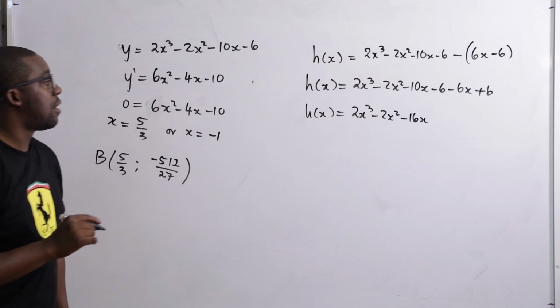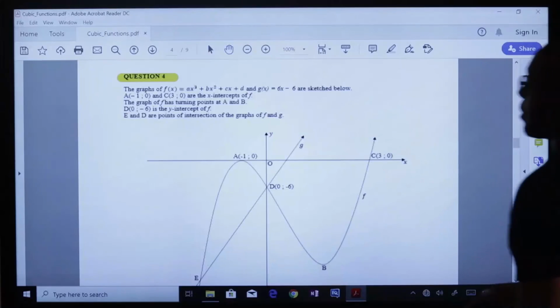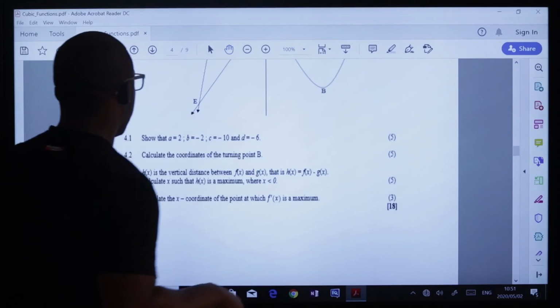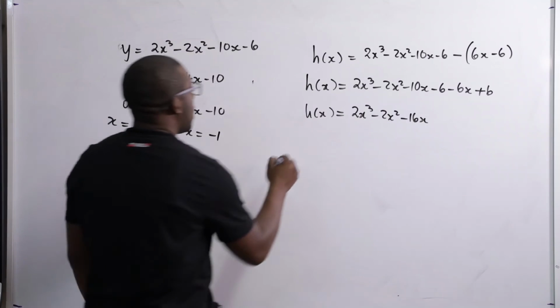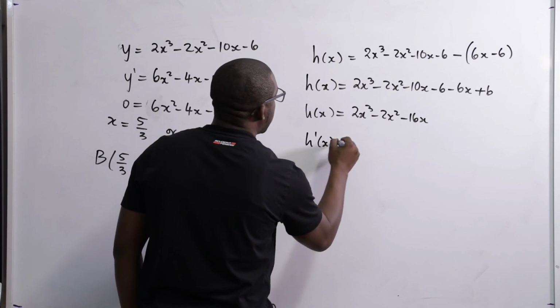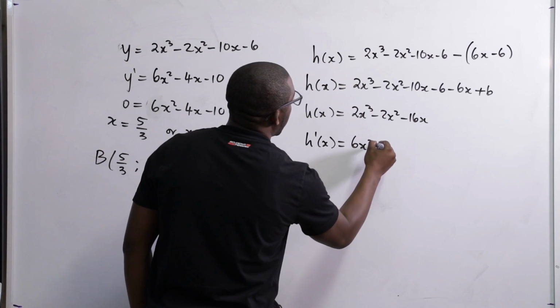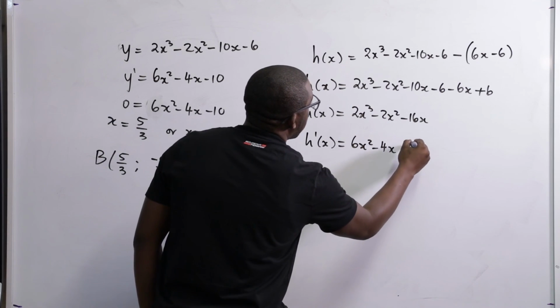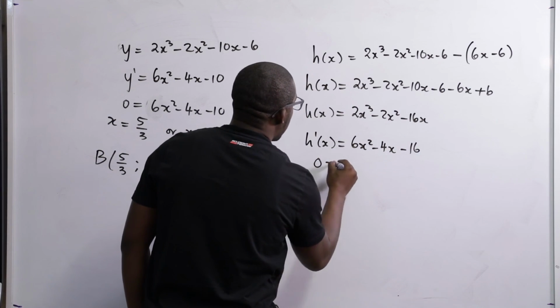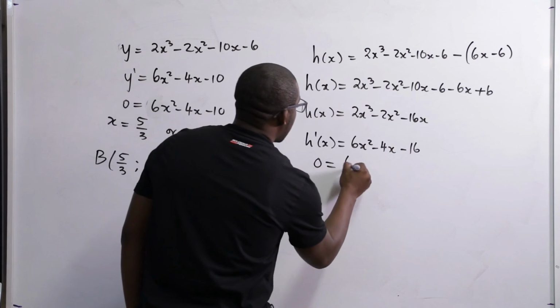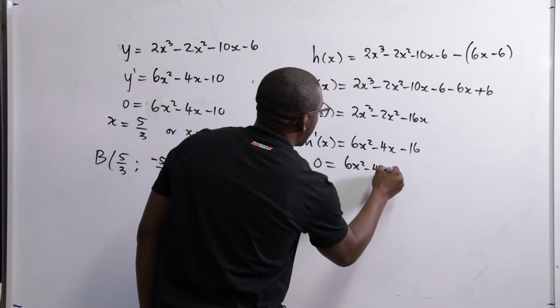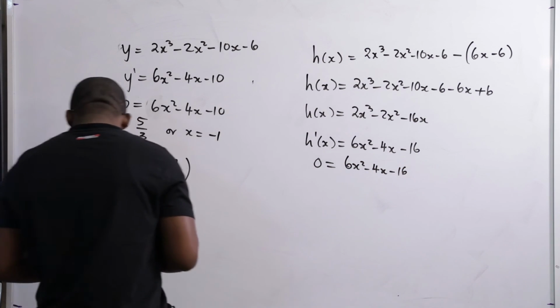Looking at this, they said they want the distance to be a maximum. So you differentiate once, and h prime of x is 6x squared minus 4x minus 16. Because we want a maximum, the gradient is to be equal to 0. 6x squared minus 4x minus 16 equals 0.